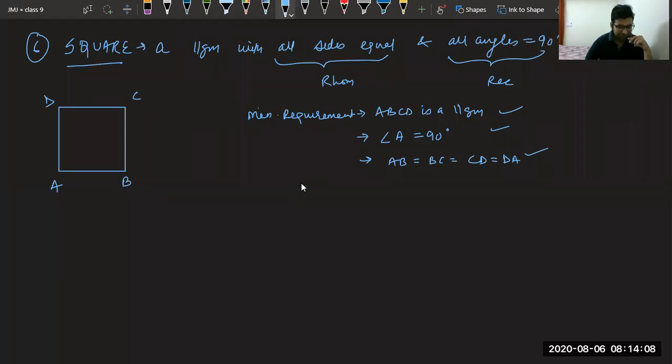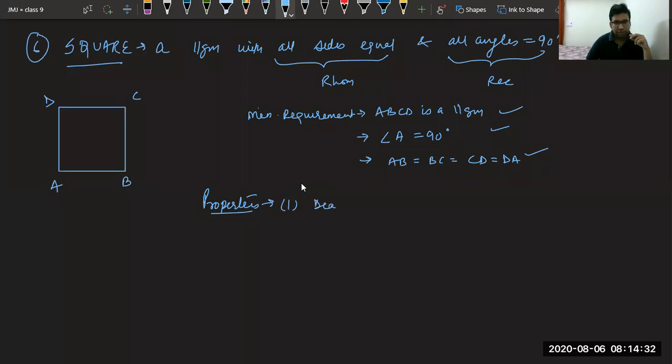Now we will see the extra properties of a square. The extra properties are very similar. It follows all the properties of that. So let's start. First thing is, as I've told you, it is a special rectangle. That means here diagonals should be equal, because in the case of rectangle, diagonals were equal.